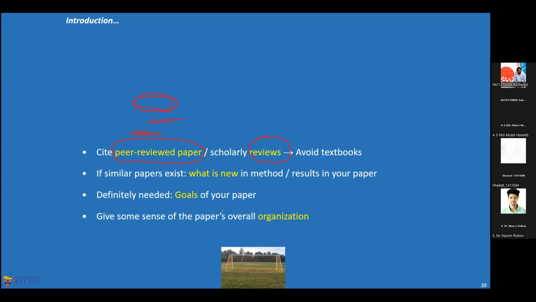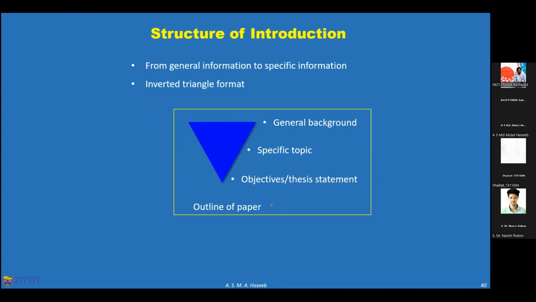In the introduction, we of course have to highlight what is new in our work. This is very important. And in some cases, you can also write a little bit of description about the organization of the paper, which section will come first, which section second. That's possible. Some authors give them. So in short, our introduction will look like this. We start with general background to put things into context, and then we go to the specific topic.